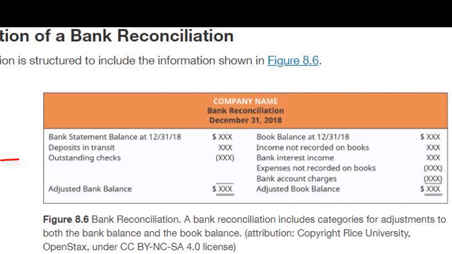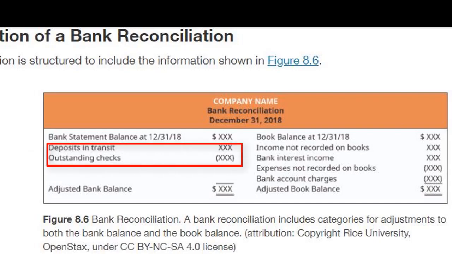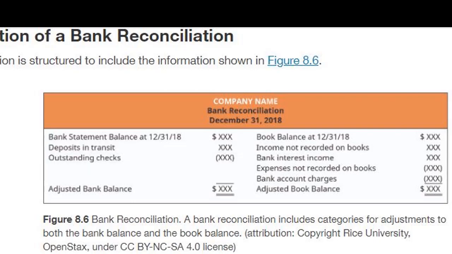Those are what we call outstanding checks. And so deposits in transit and outstanding checks are increases to the bank balance and decreases that you know are correct, but the bank simply has not posted them yet. You correct the bank's number, the balance, by adding those deposits in transit and subtracting outstanding checks.